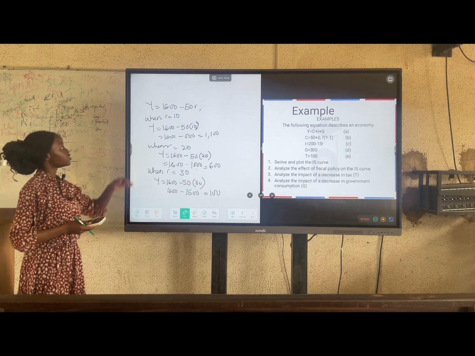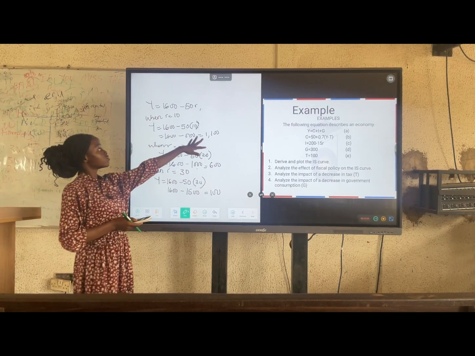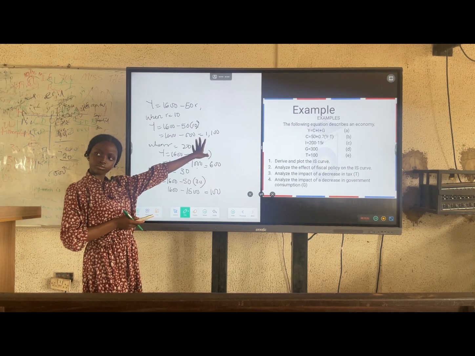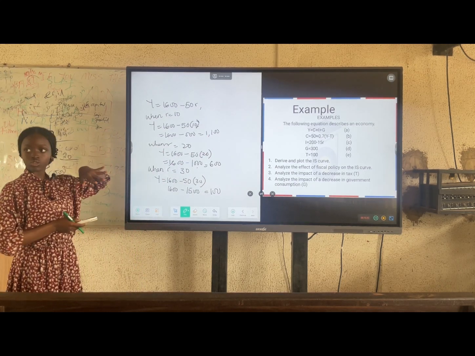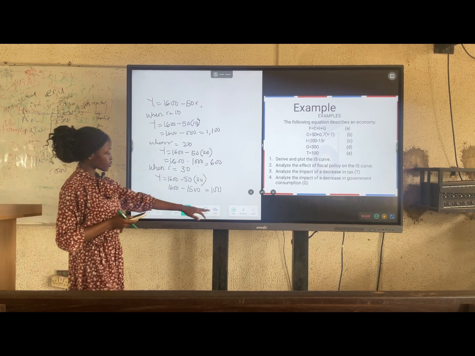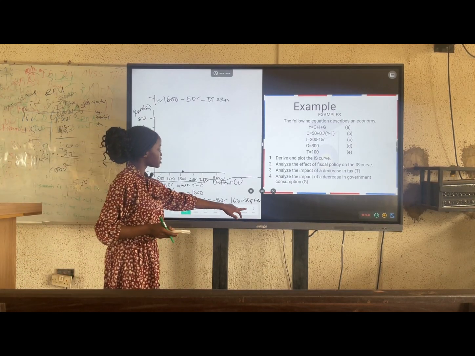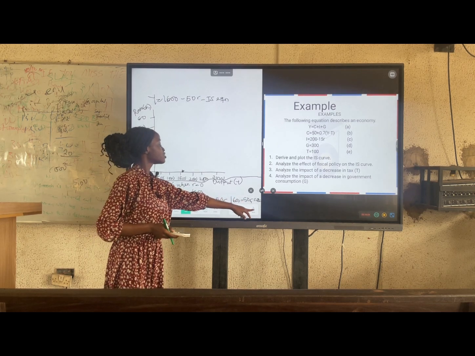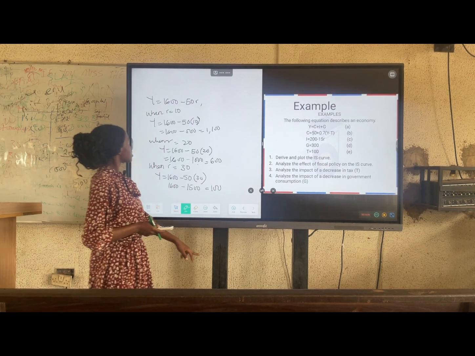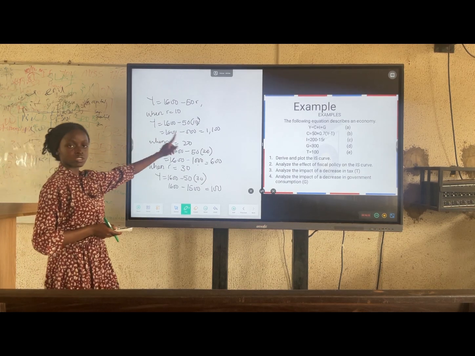So when we have our interest rate at 10, our output came down to 1 1. Our initial interest rate was 32. When we have 10 as our interest rate, we have our output as 1 1.